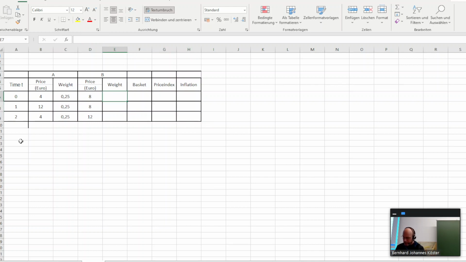Some years ago, in a task in the exam, I left this part open.